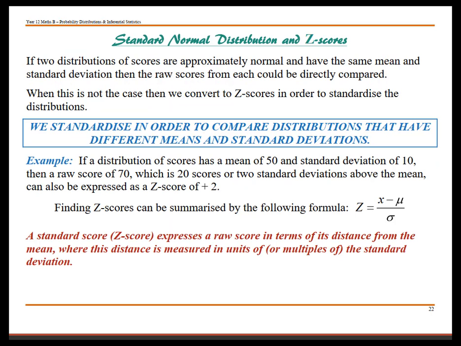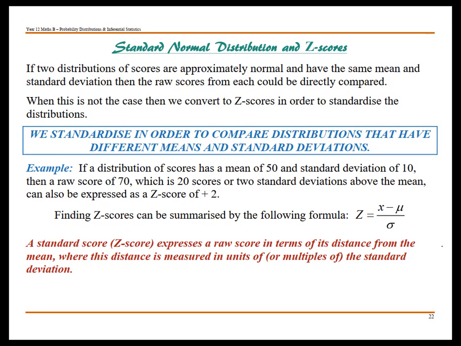Okay. Now, standard normal distribution and Z-scores. If 2 distributions of scores are approximately normal and they have the same mean and standard deviation, then the raw scores from each could be directly compared. Now, because our means are different and our standard deviations are different, but they're both normally distributed, what we do is we convert our scores to what we call Z-scores.